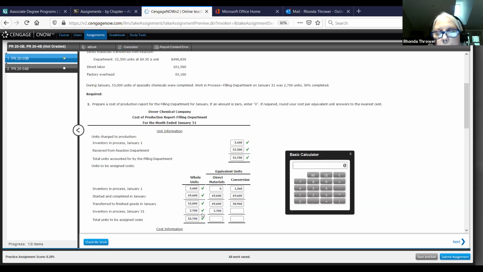I'm going to take my entire ending inventory units, which was 2,700 units, and multiply my ending inventory by 30% that was completed with respect to conversion during this period of time.